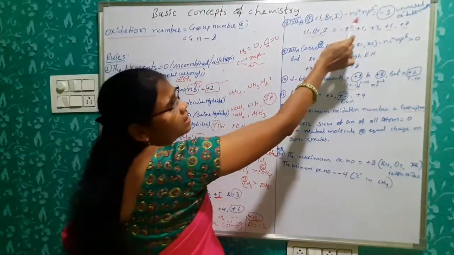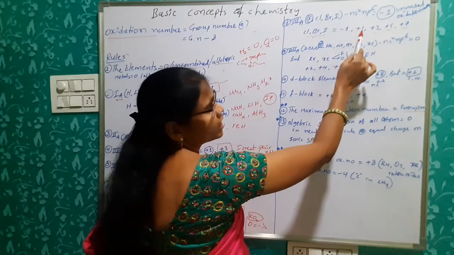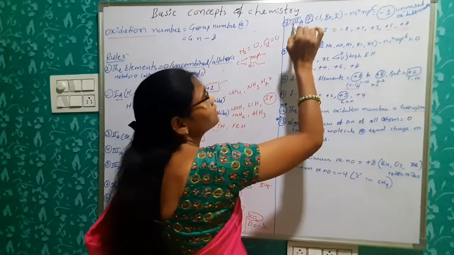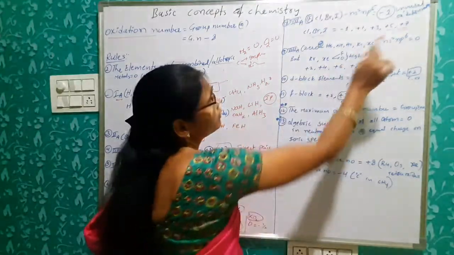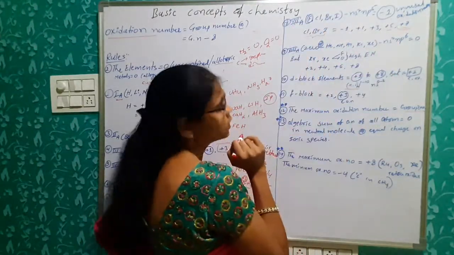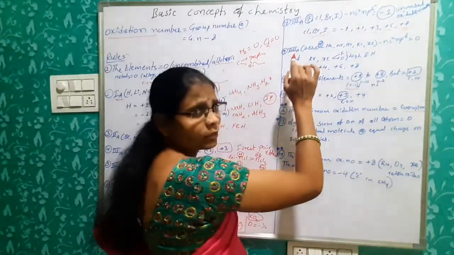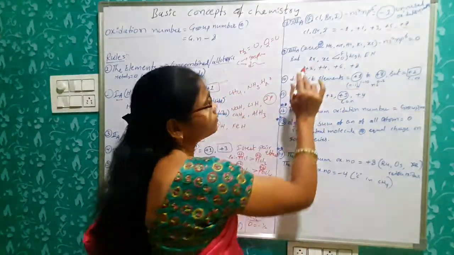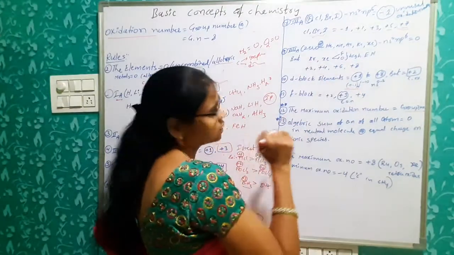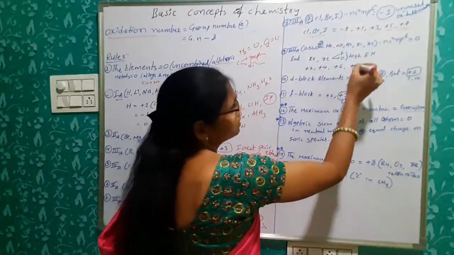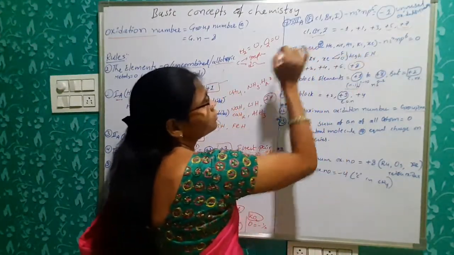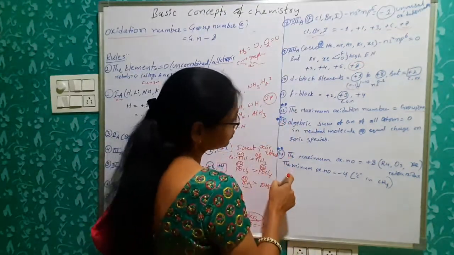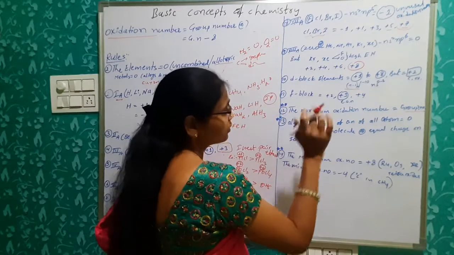Now 7A shows minus 1, along with minus 1, plus 1, plus 3, plus 5, plus 7, so the highest oxidation state is equal to the group number, plus 7, the 7th group. Here 0 group elements, meaning 8A group elements, show 0 oxidation number actually, but krypton and xenon show oxidation numbers. The highest oxidation number is equal to the group number. Clear?